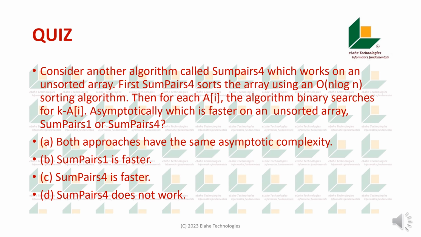Option A, both approaches have the same asymptotic complexity. Option B, SUMPAIRS1 is faster. Option C, SUMPAIRS4 is faster. Option D, SUMPAIRS4 does not work. The correct answer is option C. SUMPAIRS4 is faster. SUMPAIRS4 takes order n log n time and SUMPAIRS1 takes order n squared time.